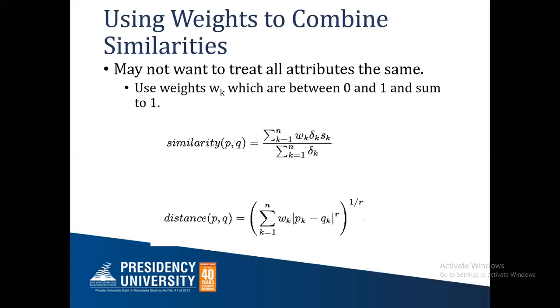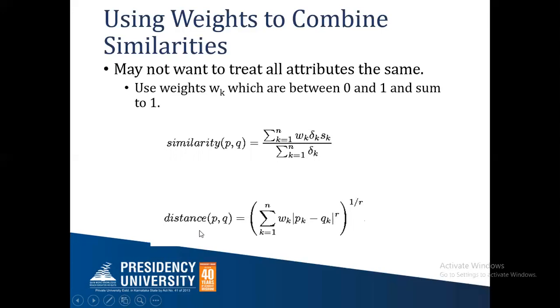Now we know the formula for similarity, and dissimilarity is nothing but the distance between P and Q points. It can be given as indicating the vector with the weights, right? We have the Minkowski formula, you can remember that, along with the weights Wk. When we combine them, we get the distance.